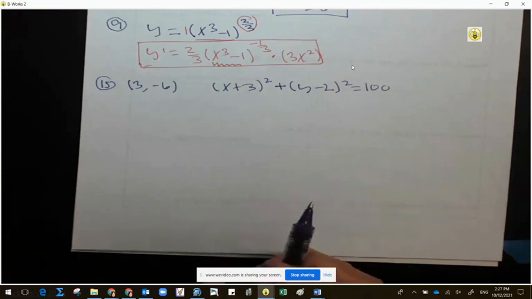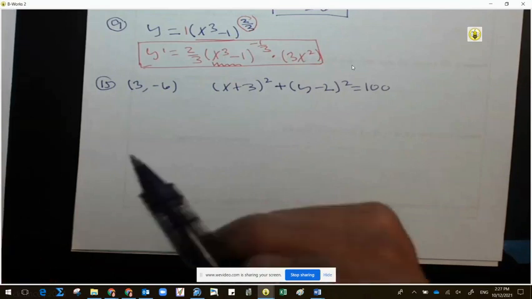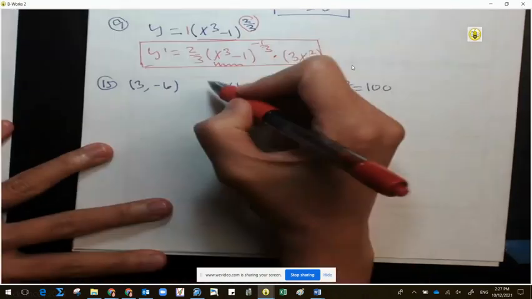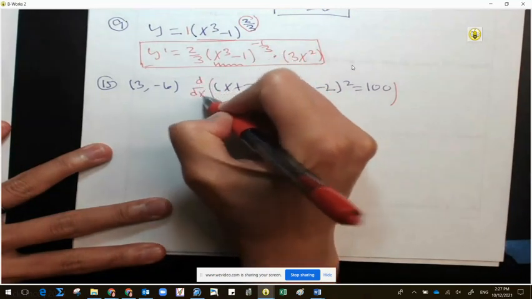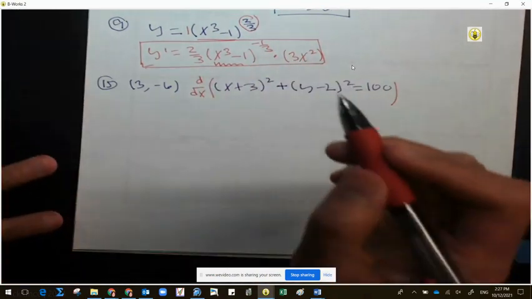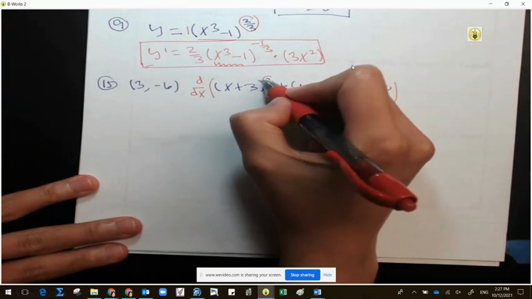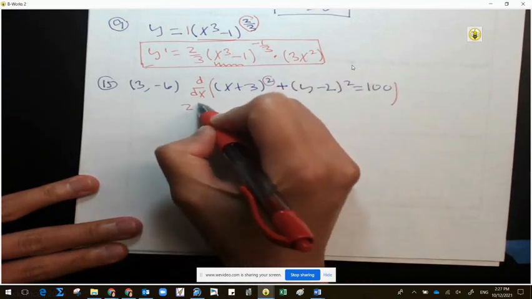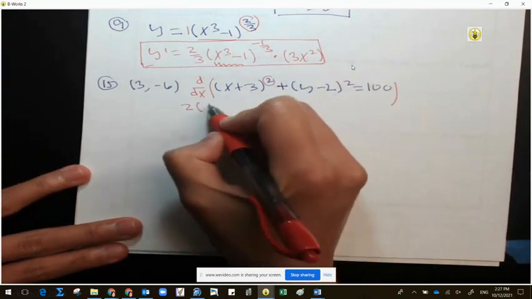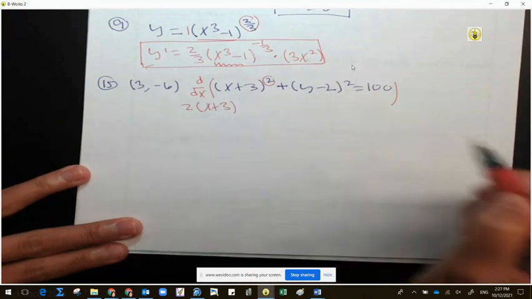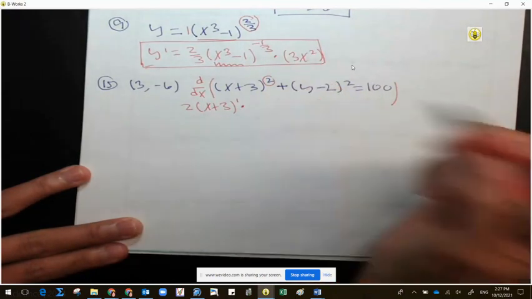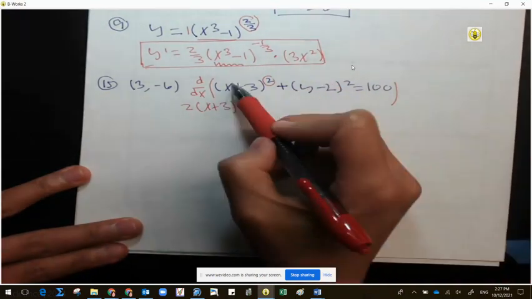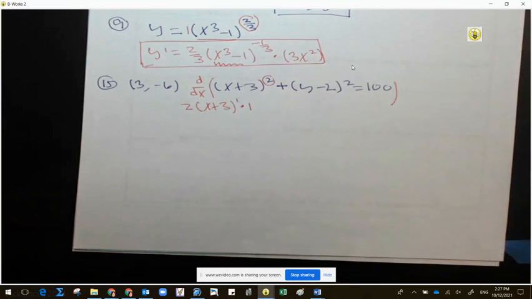Okay, let's move on. Let's go ahead and find the derivative. Maybe a different color will be nice with respect to x. So when I find the derivative and we have a chain rule, 2 is going to come down. Am I going to mess with the inside? Nope. And 1 less of the 2 is understood 1. And I know the next piece we might not really need because derivative of 1x is simply 1.